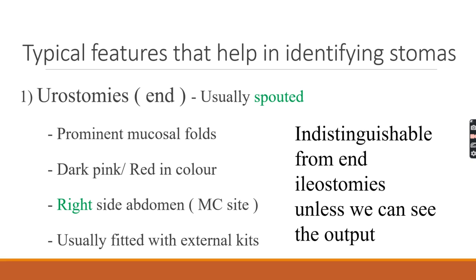Most of the things are almost the same. So the only important thing is that the content of the urostomy and ileostomy will differentiate between the two. In urostomy, urine will be there along with intestinal mixed content, and in cases of ileostomy, only the intestinal content will be there, the liquid stool, right?